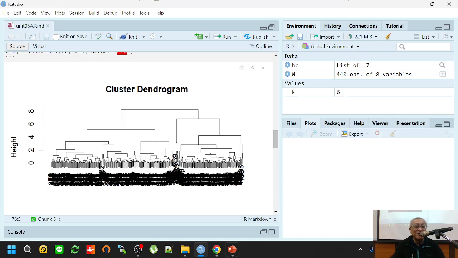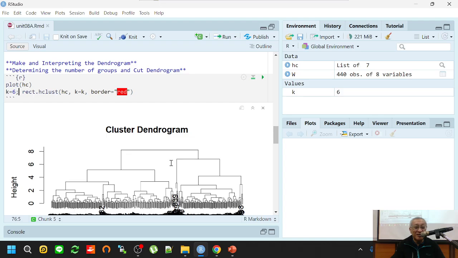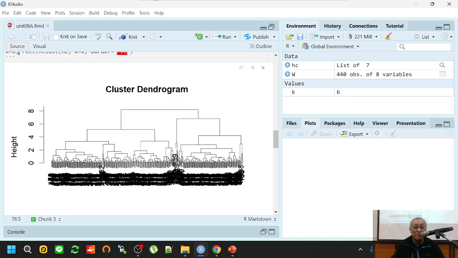But this is not finished yet, because the next thing we need to determine is how many groups we want to divide into, right? So you need to cut this dendrogram.